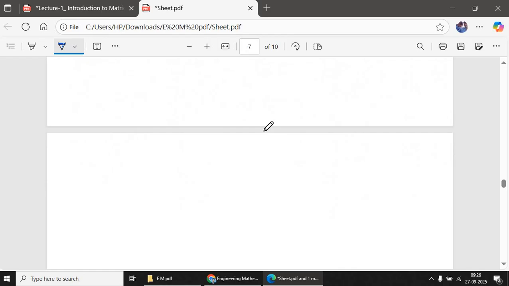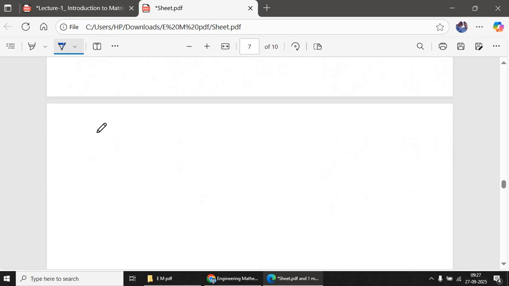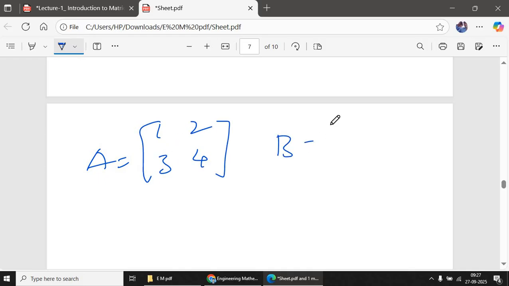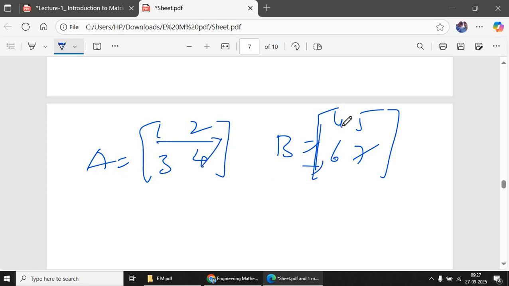So let's see one more example related to multiplication. Let's say we have A matrix 1 2 3 4 and B equal to 4 5 6 7. When you want to multiply both, you go in this direction and this direction. 1 into 4, first element and first element, 4.